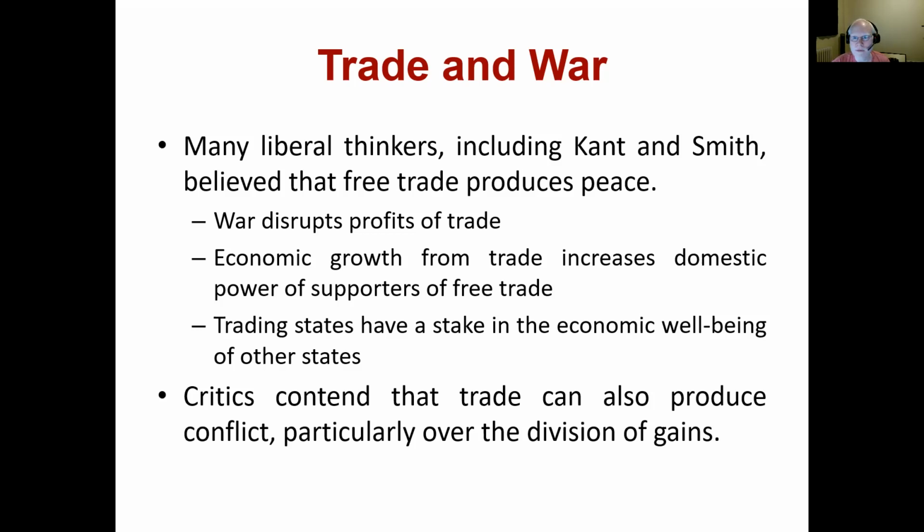It's certainly not enough. So what may be true is that free trade decreases the likelihood of war, but does not remove it. That's entirely possible and would be consistent with the evidence, at least in the lead up to World War I. So still a lot of work that needs to be done.